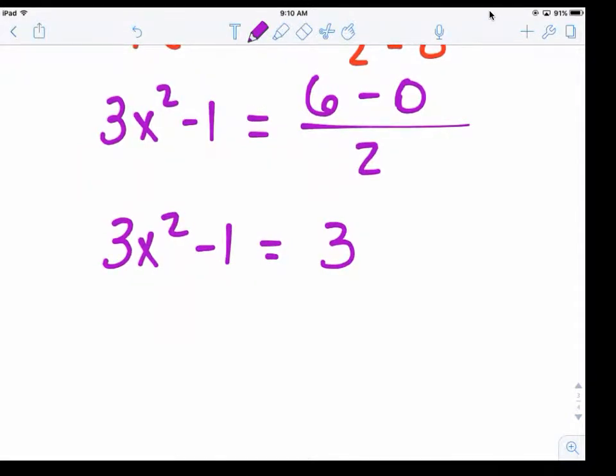Now your goal here is to just figure out what values of x make that happen, right? So if I was to connect the two endpoints for this equation, the slope of that line would be 3. So we're trying to see where else I have a tangent line with slope 3. So I'm going to add the 1.